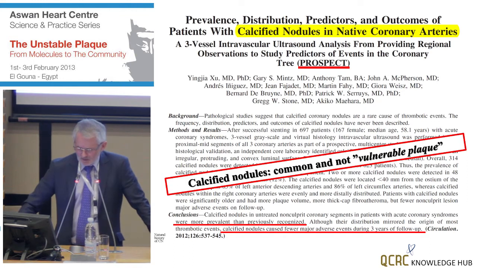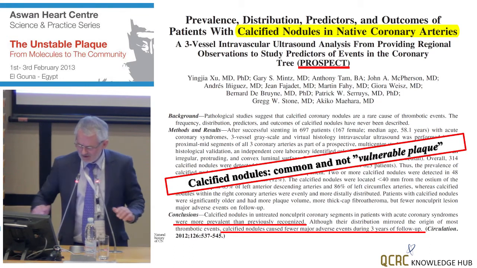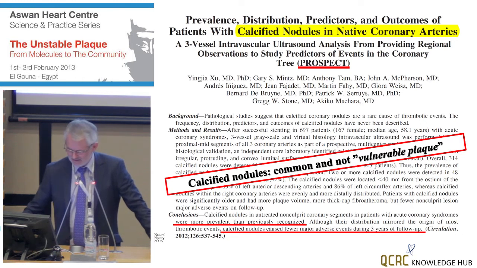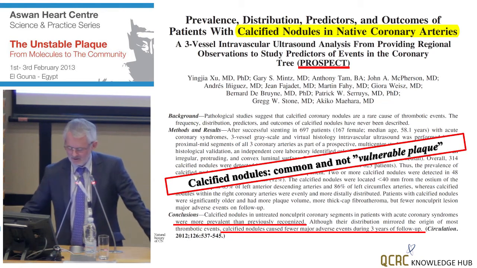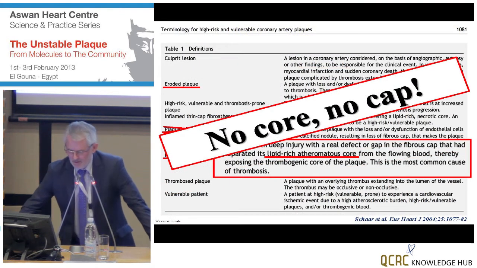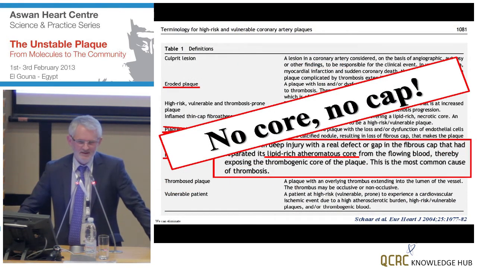It was found that calcified nodules were more prevalent than previously recognized, and calcified nodules caused fewer, not more, major adverse events during a 3-year follow-up. So today we can say calcified nodules are very common, but they are not vulnerable. So we can eliminate one of these vulnerable plaques. So two remain, ruptured plaque and eroded plaque.